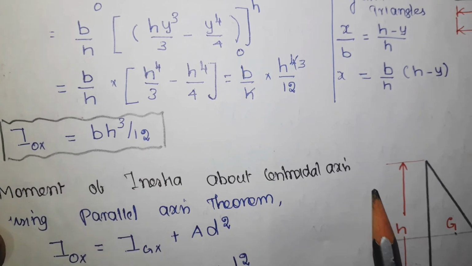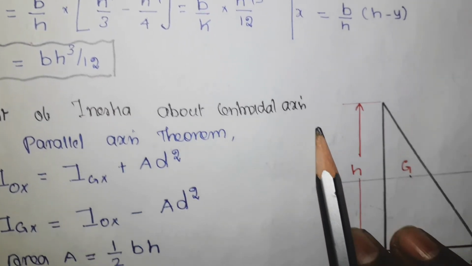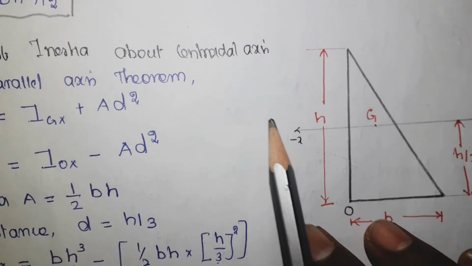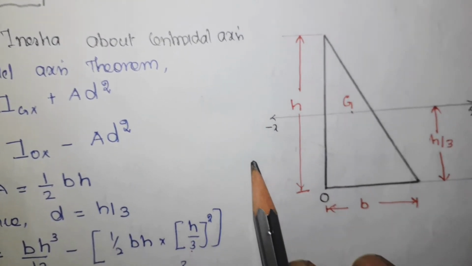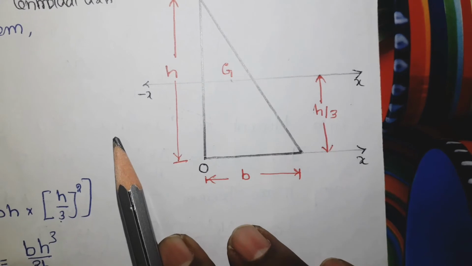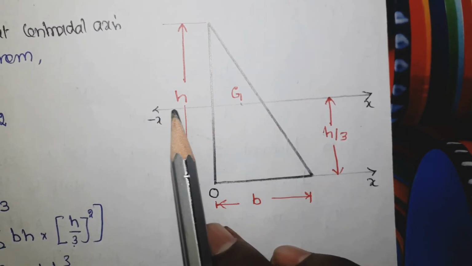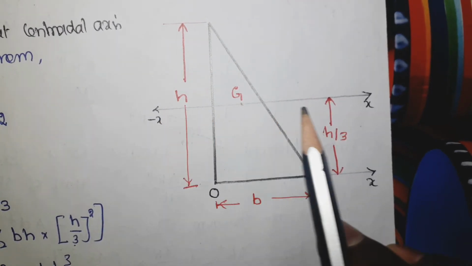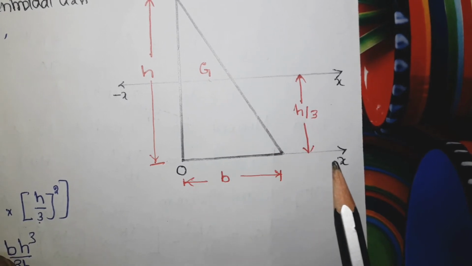Now I am going to find the moment of inertia about the centroidal axis. Centroidal axis means the axis that passes through the centroid. So this is the centroid, and this is the centroidal axis. Here is the base axis.